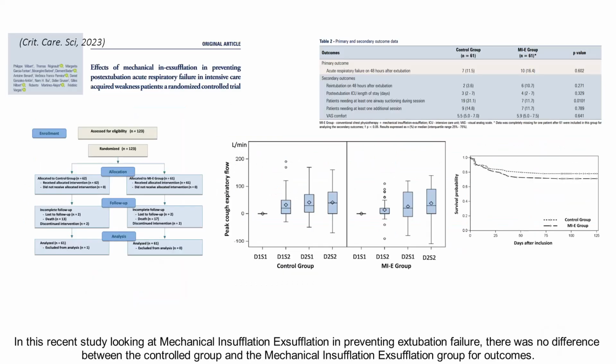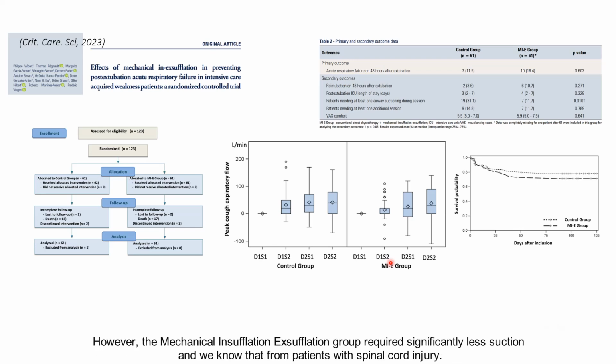In this recent study looking at mechanical insufflation-exsufflation in preventing extubation failure, there was no difference between the controlled group and the mechanical insufflation-exsufflation group for outcomes. However, the mechanical insufflation-exsufflation group required significantly less suction.